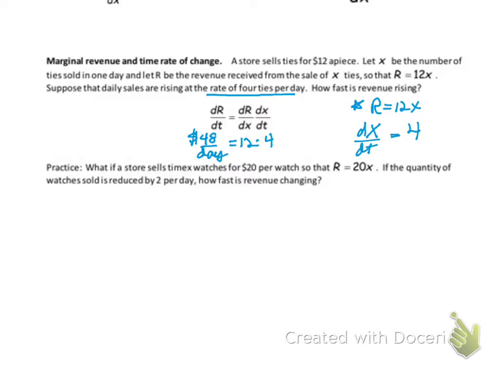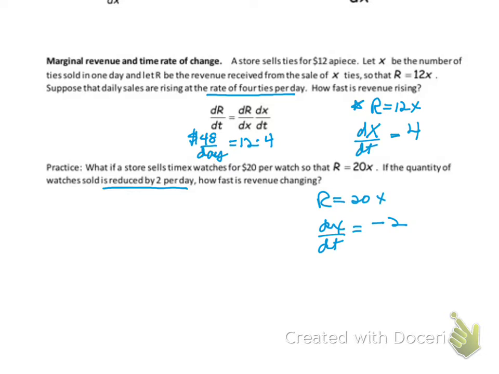Okay, let's try another one. What if a store sells Timex watches for $20 per watch so that the revenue equals 20 times x? If the quantity of watches sold is reduced by 2 per day, the watch is the x, so dx dt equals -2. How fast is the revenue changing?